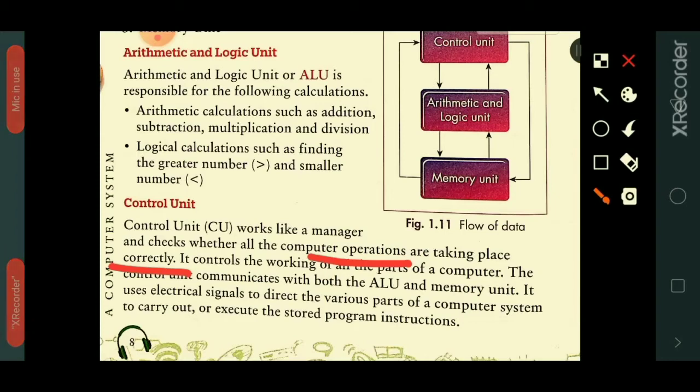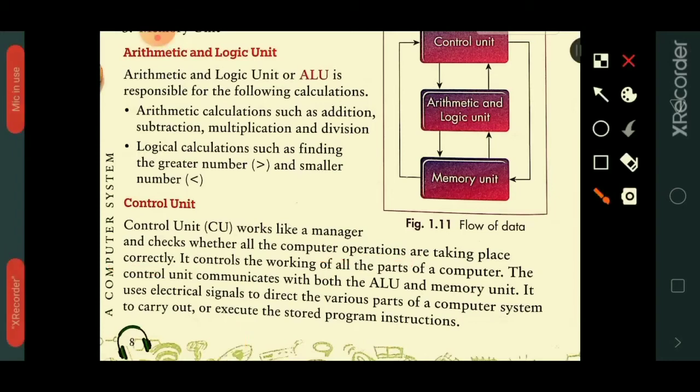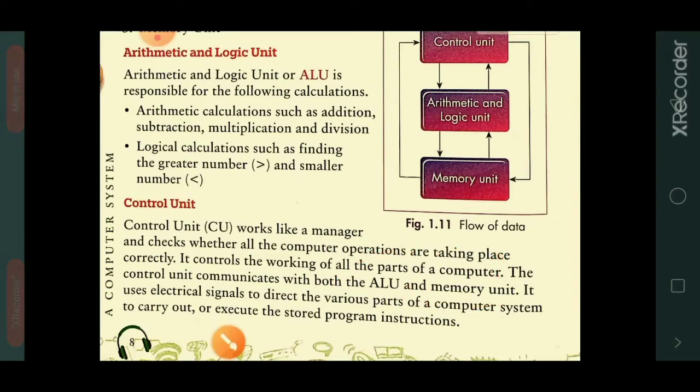It controls the working of the computer and all its parts. The control unit communicates with both the arithmetic and logic unit, that is ALU, and the memory unit, the remaining two parts.